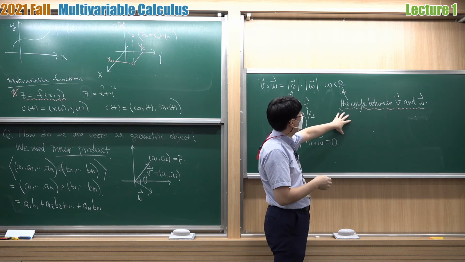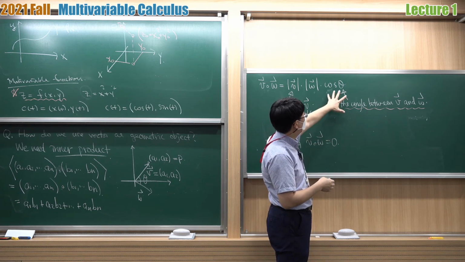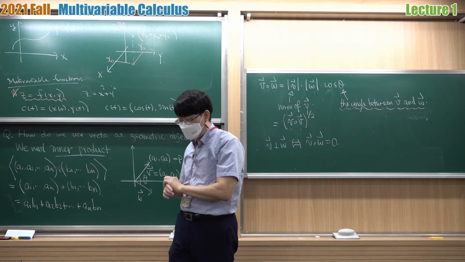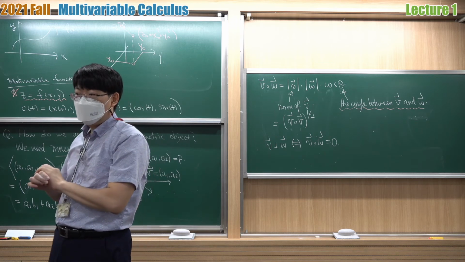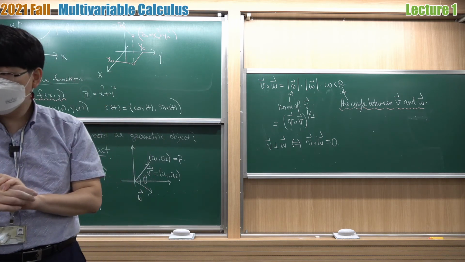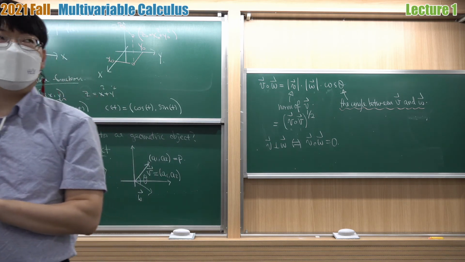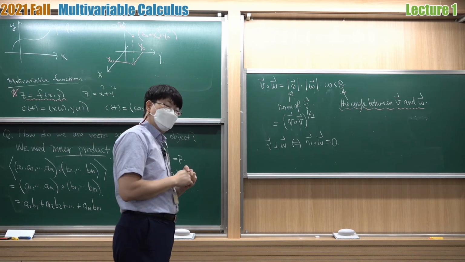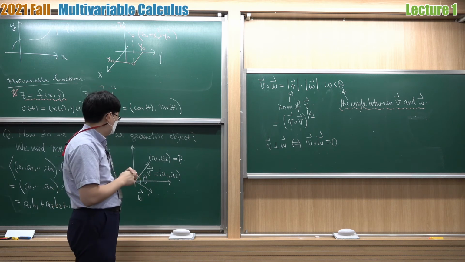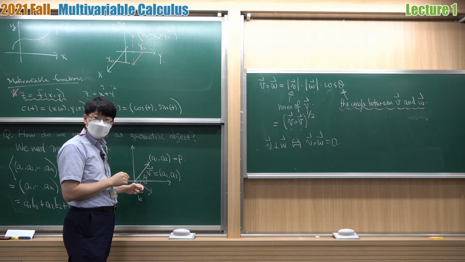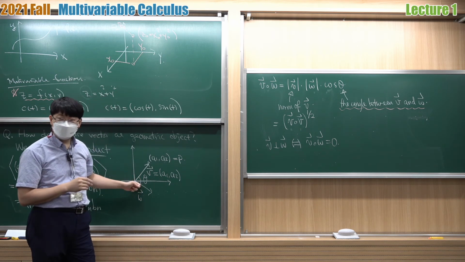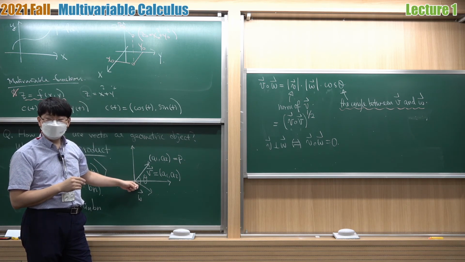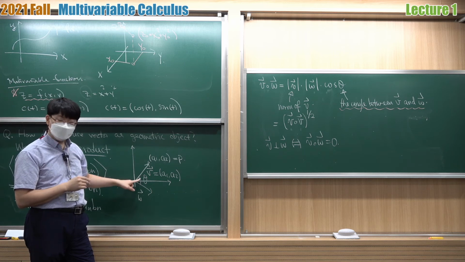So I'm giving a hint that I mentioned that this theta is the angle between the two vectors. You should have questions at this point. What do you mean by angle between two vectors? Some might answer that's obvious because this is here, so the angle is here.